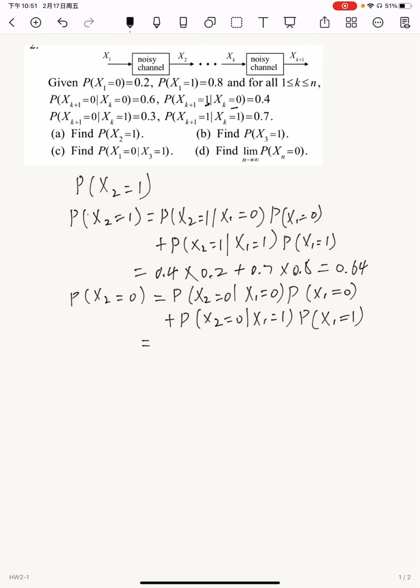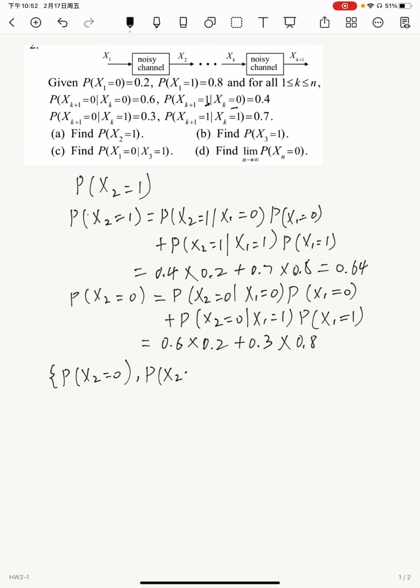P(0|0) is 0.6 multiplied by 0.2, plus P(0|1) is 0.3 multiplied by 0.8.